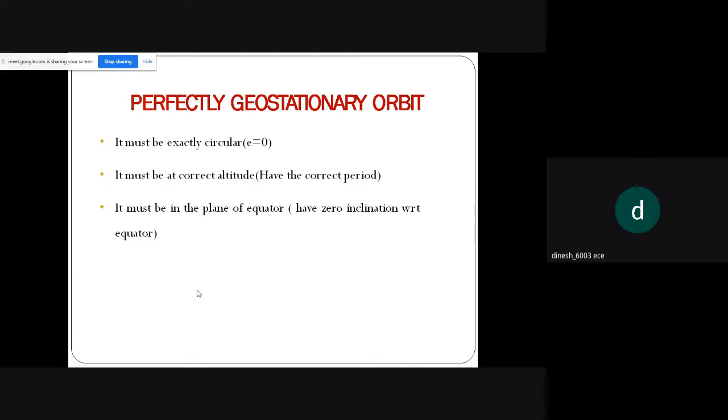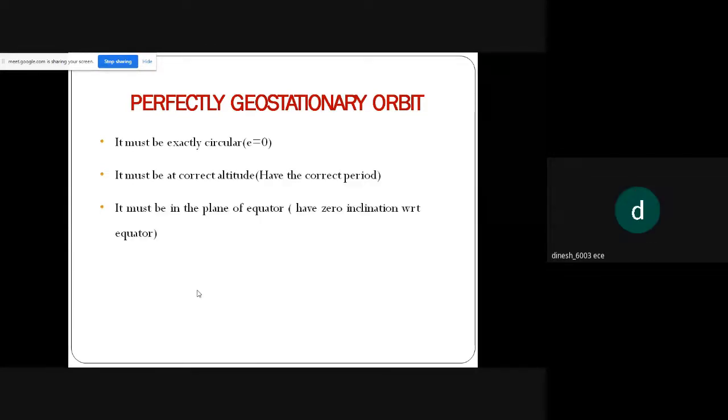Next topic is perfectly geostationary orbits. A perfectly geostationary orbit must have eccentricity equal to 0. It must be at the correct altitude, having the correct period. It must be in the plane of the equator, having 0 inclination with respect to the equator. Before starting this, we should be familiar with three terminologies: latitude, longitude, and altitude.